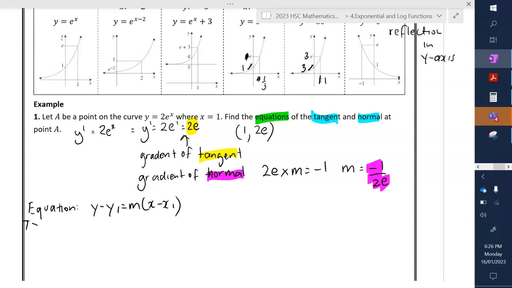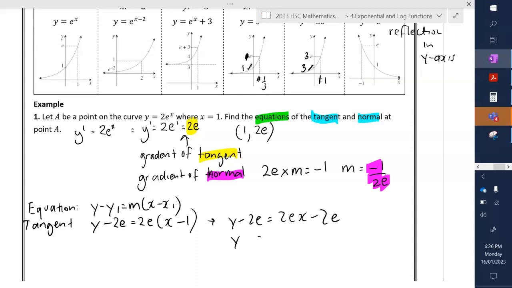So the equation of our tangent, at the point 1, 2e, is y minus 2e equals, our gradient of the tangent is 2e, times x minus 1. Let's neaten it up a little bit: y minus 2e is equal to 2ex minus 2e. Let's add 2e to both sides. So y is going to be 2ex minus 2e plus 2e, so y is going to be equal to 2ex.